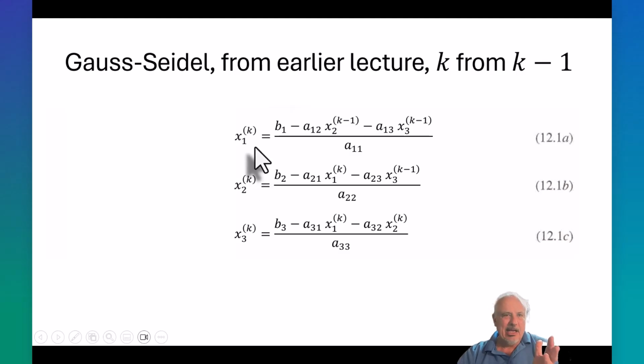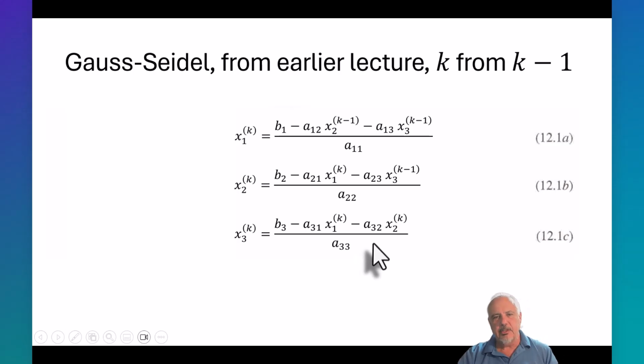The x2 will depend on the newest x1 coupled with the older x3, again using the A's and B's. And then the x3 is going to depend on the newest x1 and the newest x2. So with Gauss-Seidel, you're always using the newest x that you've calculated so far.